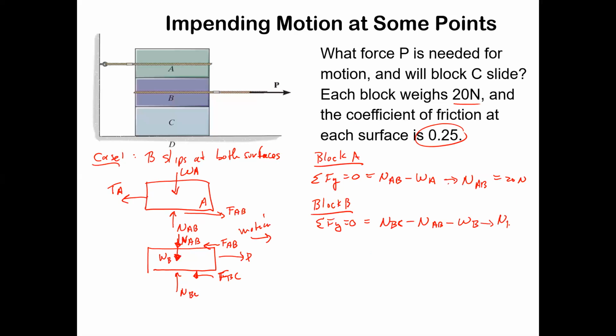So N_BC is going to equal 40 newtons. And the sum of the Fx's, oops, that should be an X, is going to be P minus F_AB minus F_BC.